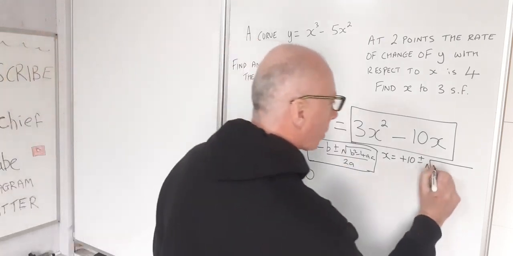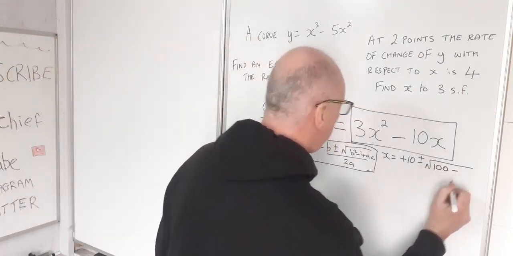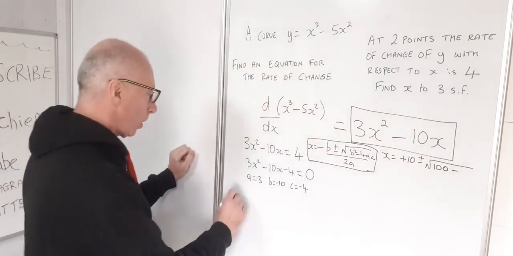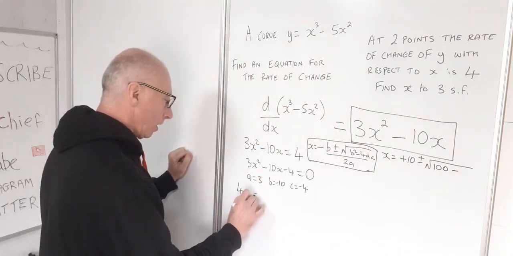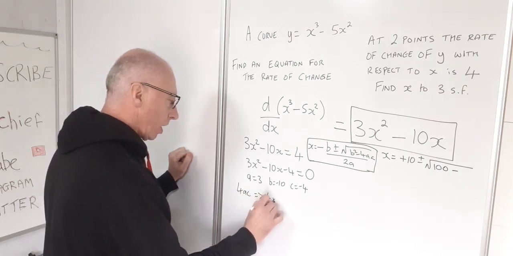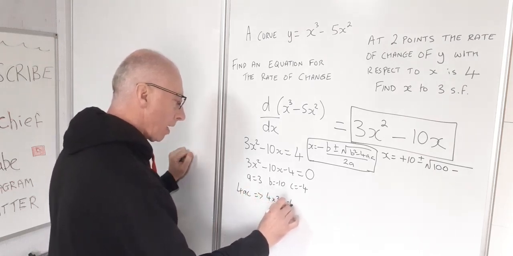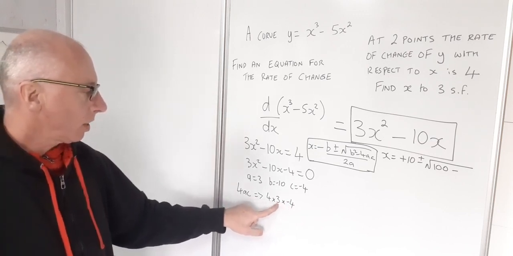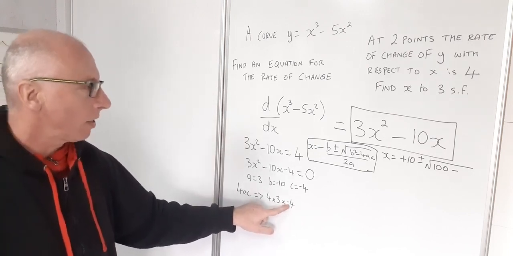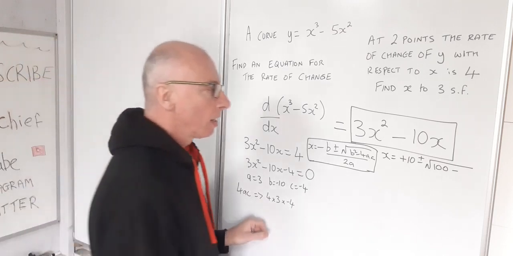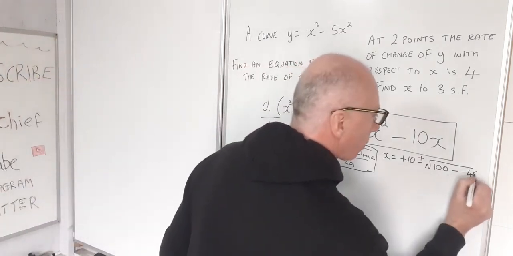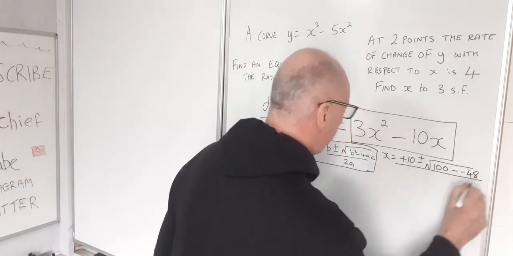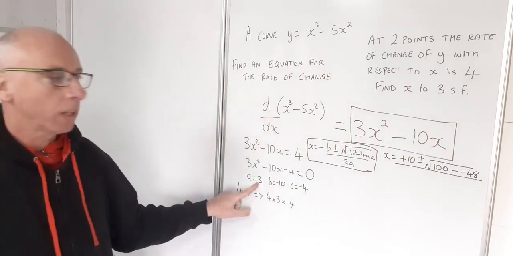So we've got 100, and then minus 4ac. We've got 4 times 3 times minus 4. So 4 fours are 16. 16 times 3 is 48, and not forgetting this minus sign, so we've got minus 48. Over 2 times a, so that's going to give me a 6.